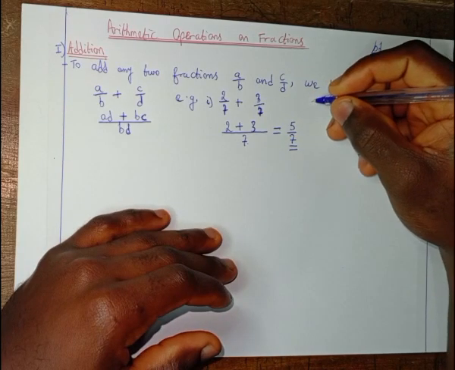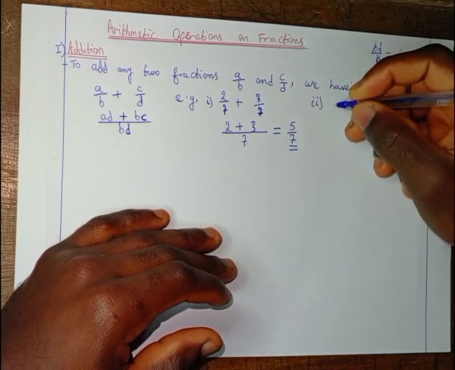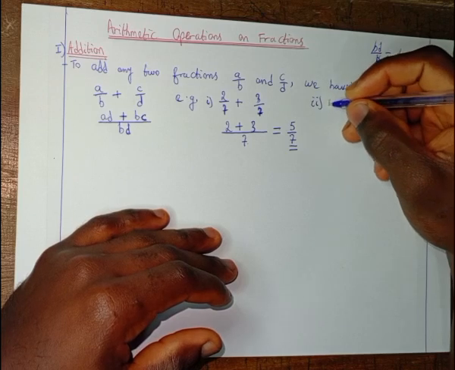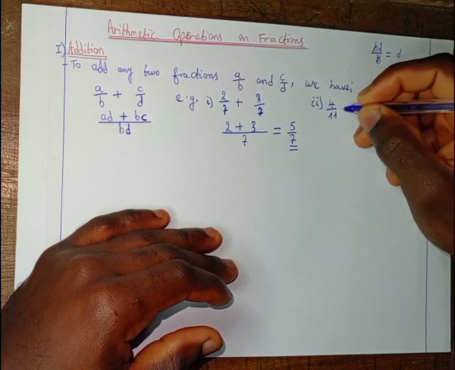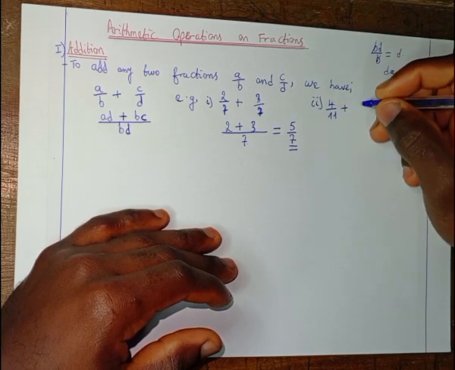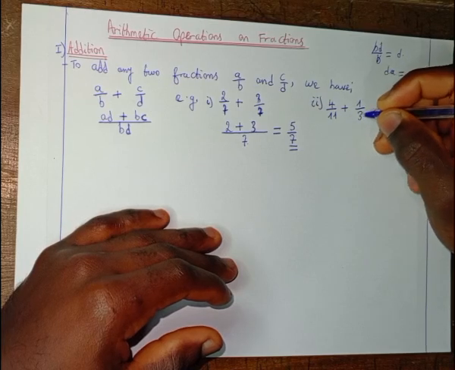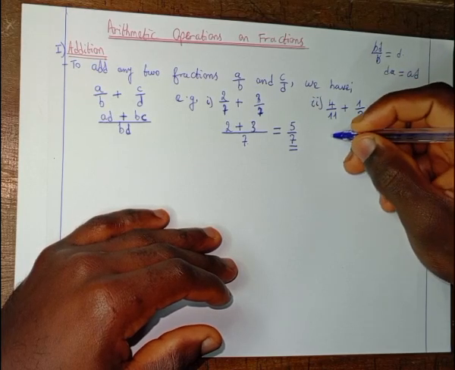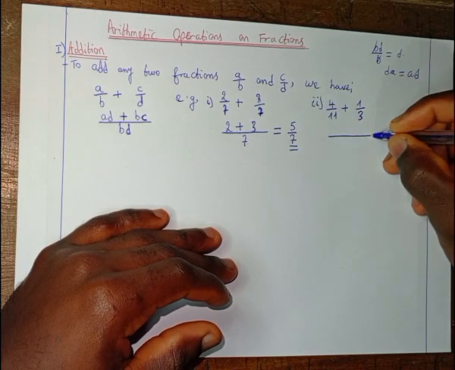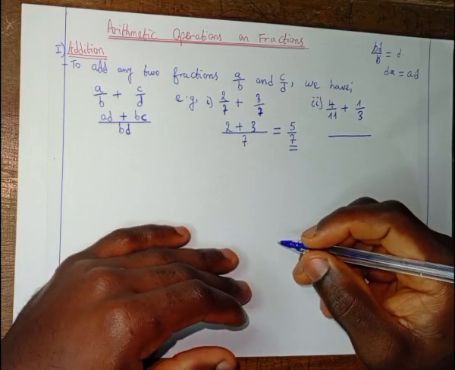Now let's take 2i, the second example. We need to add the fractions 4 over 11 plus 1 over 3. First thing, we need to start by finding the LCM of their denominators.